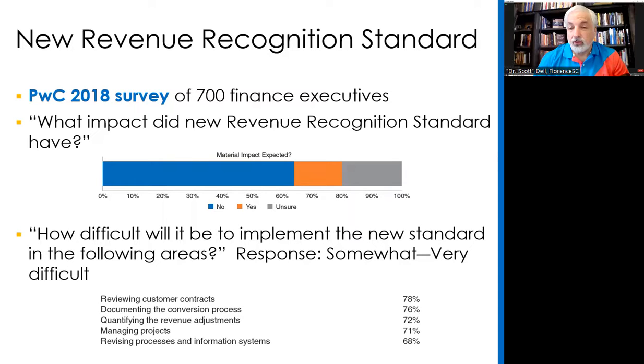And then unsure was a whole bunch as well. How difficult will it be to implement the new standard? Somewhat varied. So the heavy things: reviewing customer contracts, well, the largest majority, documenting the conversion process, quantifying the adjustments. So what are the numbers we need to adjust? Because that will affect how they handled revenues before.